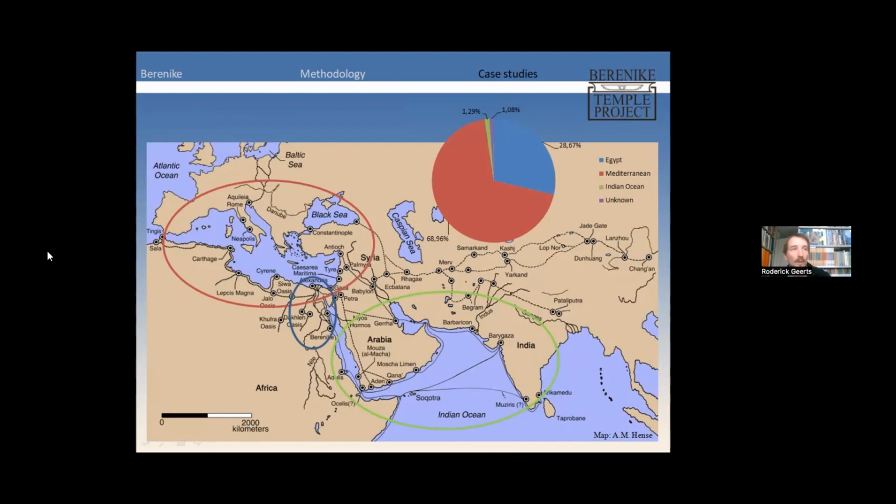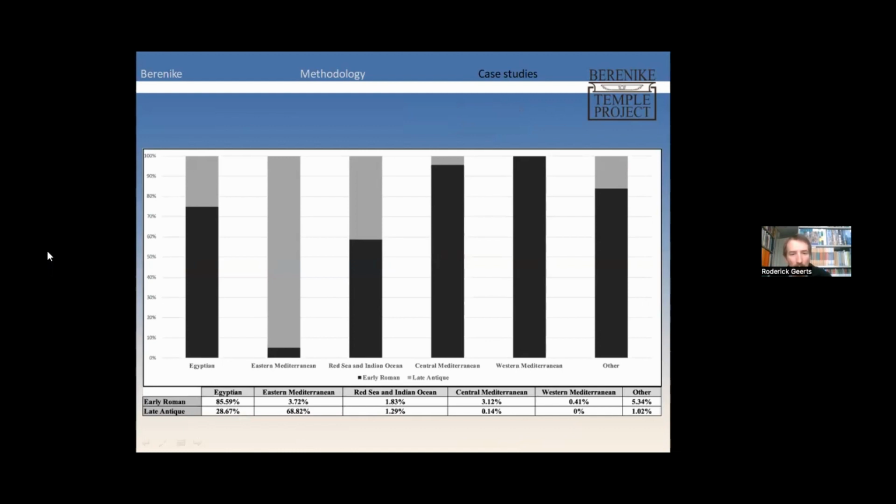And what else we aim to do with our data sets is compare these amphora types in different ways. This shows what I've just been talking about, but in relation to each other, we can see the difference between early Roman and late antique material in one glance.